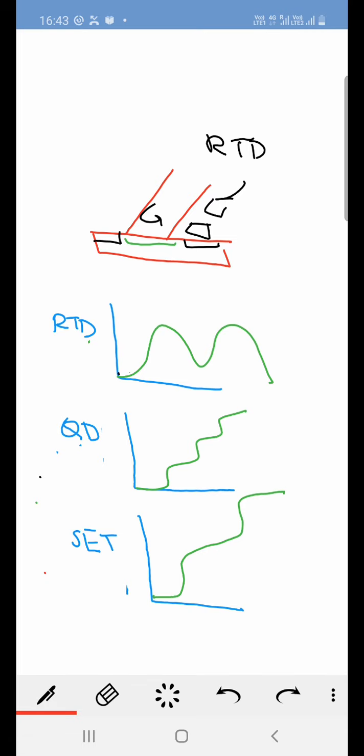So this value corresponds to the delta E in the case of RTD, whereas in the case of quantum dot, the delta E is this much, whereas in this case you have a value called U in the case of a single electron transistor.